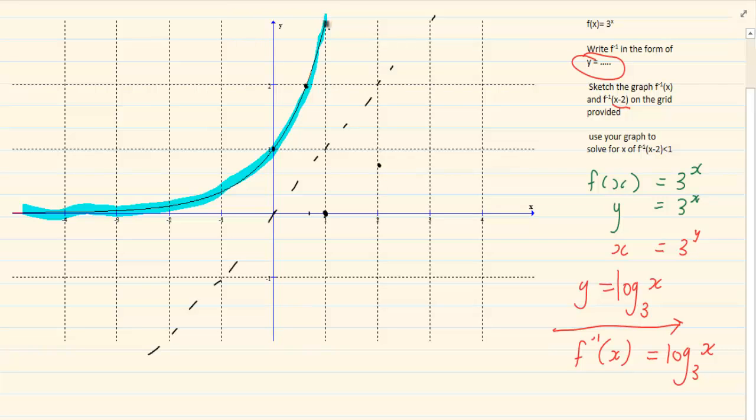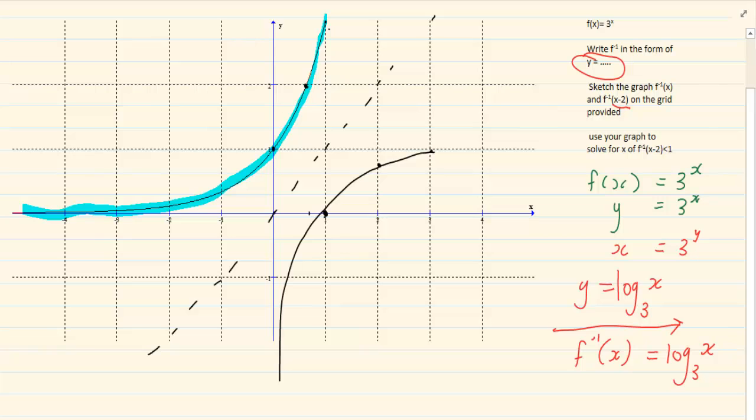And then if you look further, then we know that x is 1 and y is around 3. So we know x is going to be 3 and y is going to be around 1. Now if we continue with the line and we join the dots, we've drawn the inverse. f inverse of x is equal to log base 3 of x.